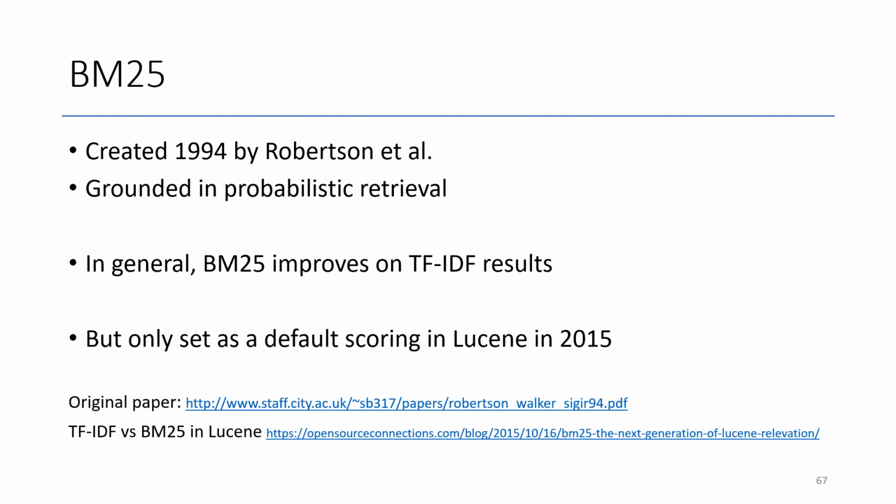Overall, you can say that BM25 improves a lot over TF-IDF across most collections it's been tried on. One caveat is that it was only set as the default scoring in the popular Lucene search engine in 2015. Before then, it used TF-IDF.